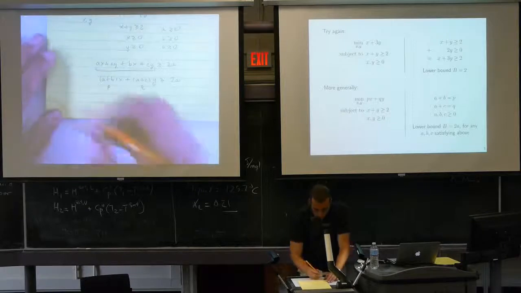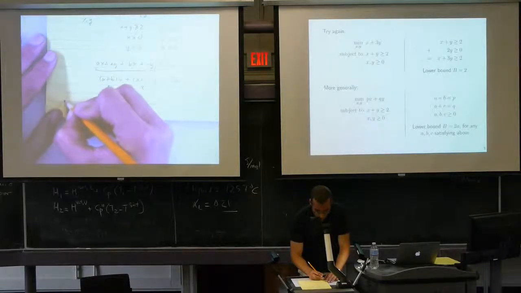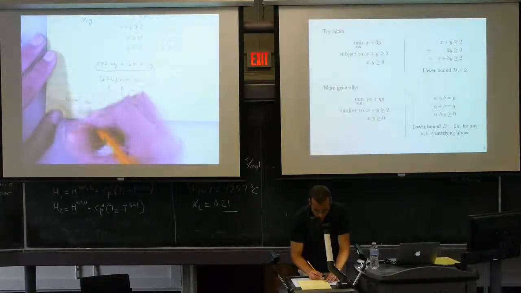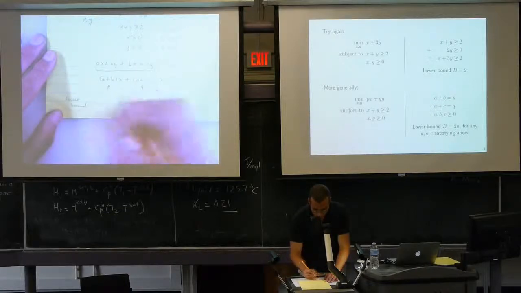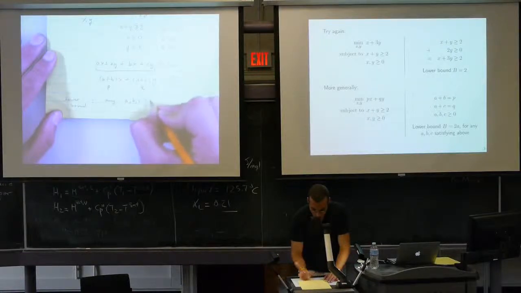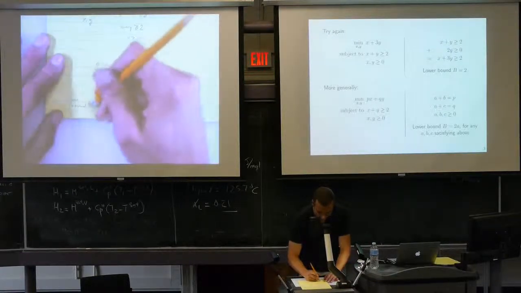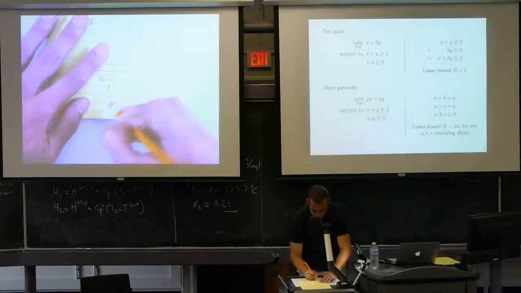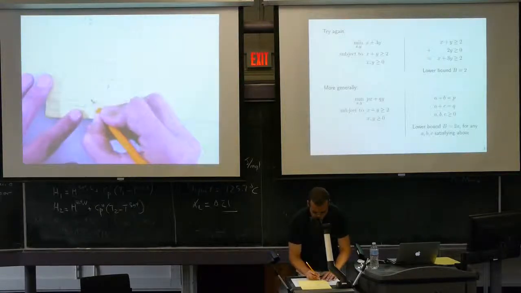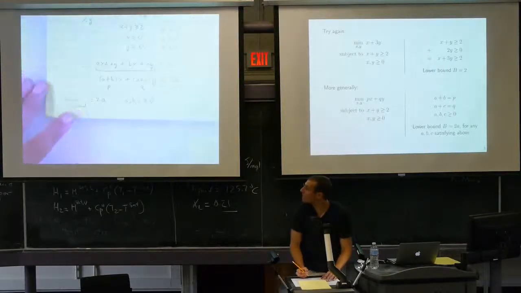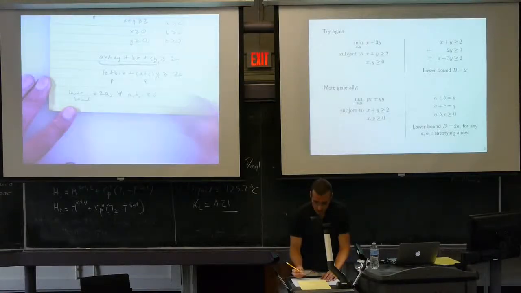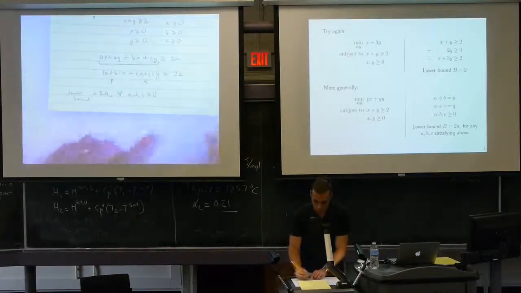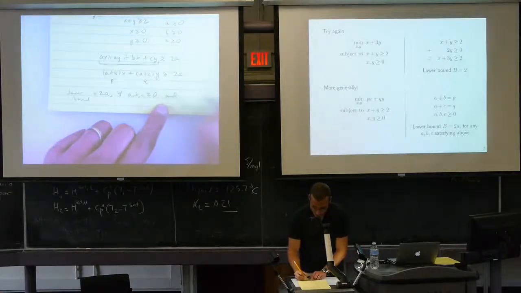So let's just write it out. So we have lower bounds given by any a, b, and c bigger than or equal to 0. So the lower bound is equal to 2a for any a, b, and c that are non-negative and that satisfy a plus b equals p and a plus c equals q.